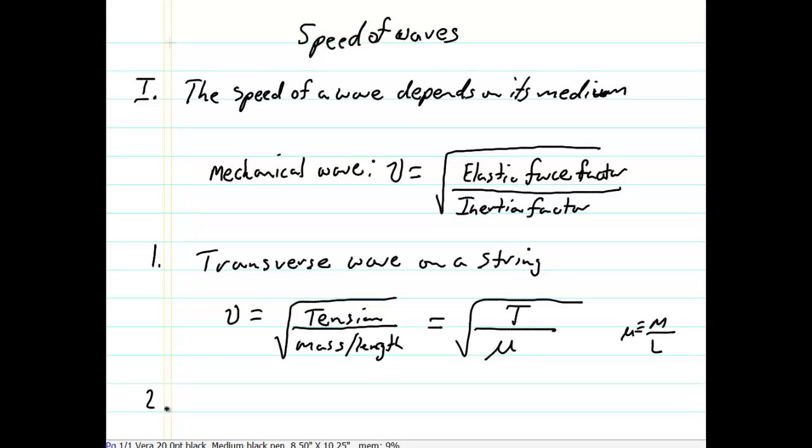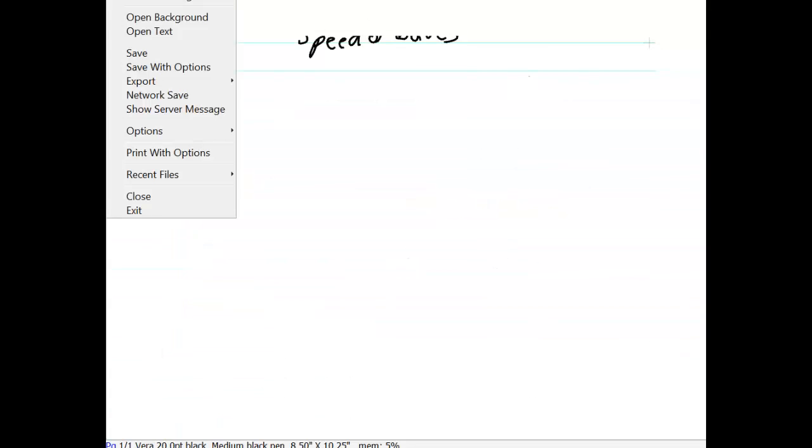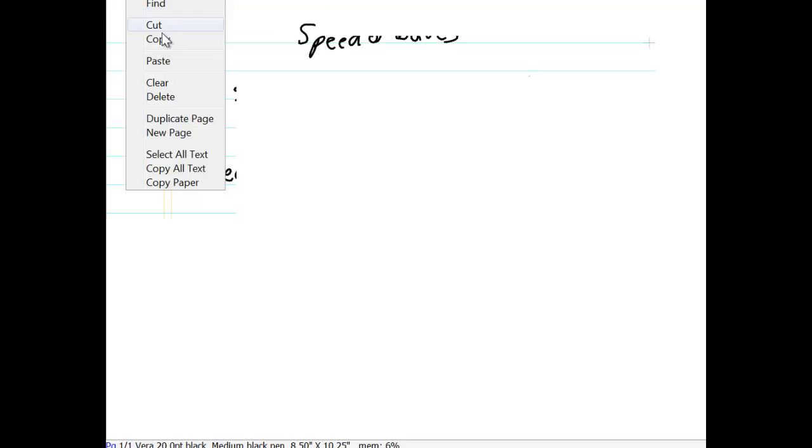For number 2, we'll consider the example of a longitudinal wave on a solid rod. Let me add a new page here.